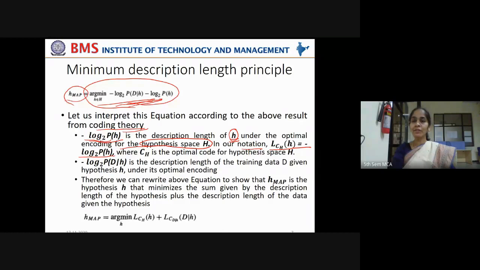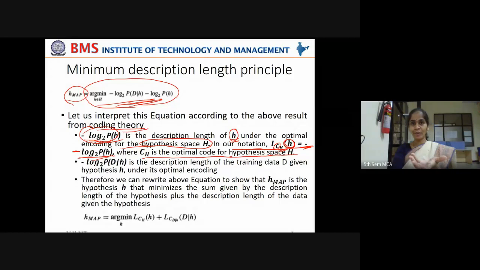L is description length. The description length of hypothesis H by using the encoding technique C from the hypothesis space H. How do you represent it? By this, minus log 2 P of H. The minus is given here, do not get confused. Minus log 2 P of H, where C_H is the optimal encoding code for hypothesis space H.